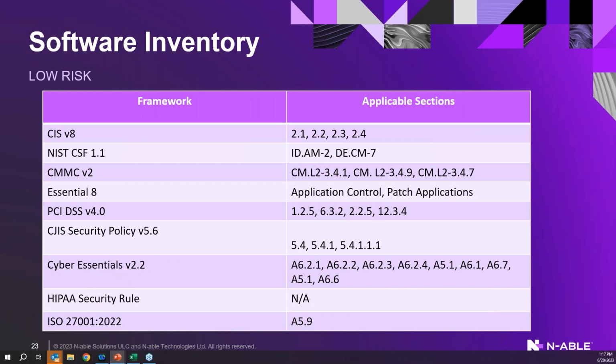And again, what I'm doing here with all of these mapping slides is just to show the pattern that as we're talking about these more basic building block security controls like inventory, asset management, network infrastructure, data protection, everybody's got something to say and everybody wants those controls implemented at low risk and higher because they're fundamentals.